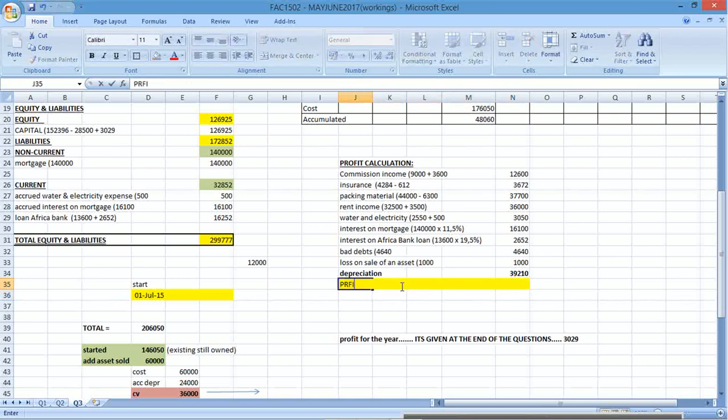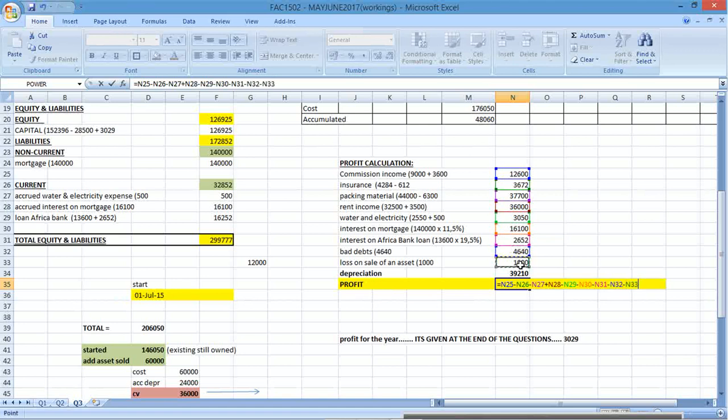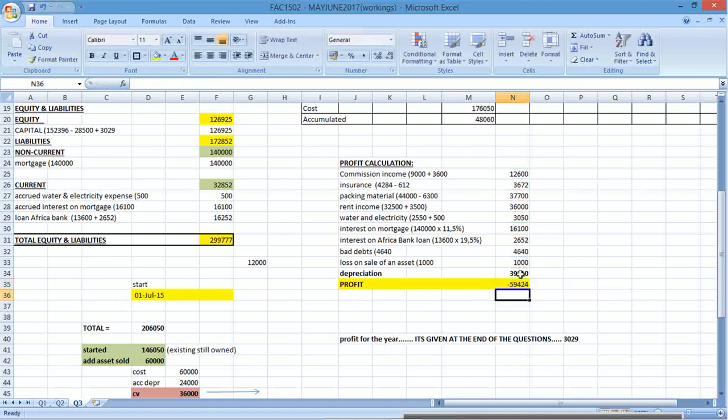So in other words, profit. Profit here is what I should get. So income minus insurance minus packing plus rent income minus water minus interest minus bad debts minus the loss minus the depreciation.